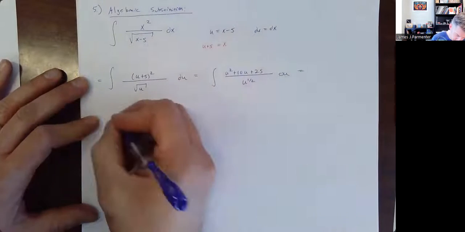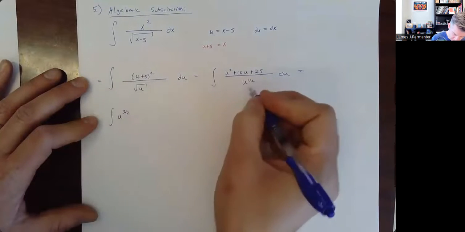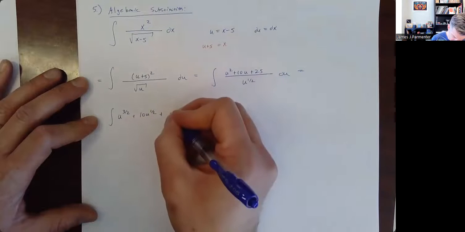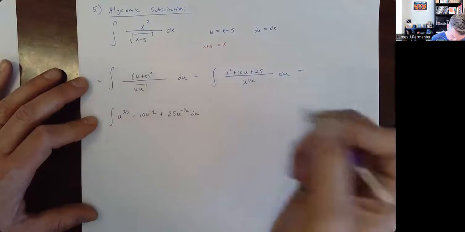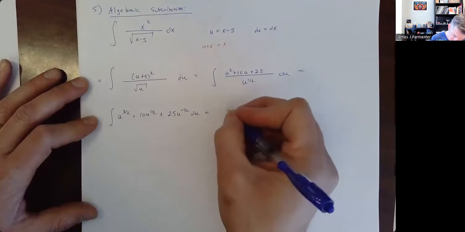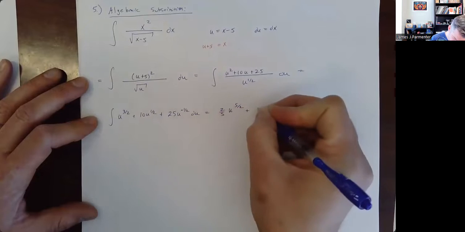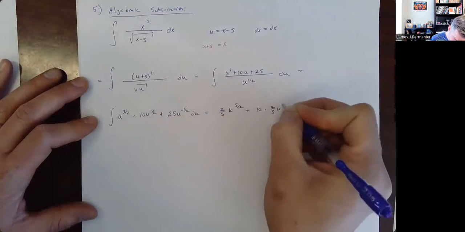So we get the integral of u squared divided by u to the 1/2 is u to the 3/2. 10u divided by u to the 1/2 is 10u to the 1/2. And 25 divided by u to the 1/2 is 25u to the negative 1/2. And now it's just the next one problem. And to integrate, you get u to the 5/2 times 2/5 plus 10 u to the 3/2 times 2/3.